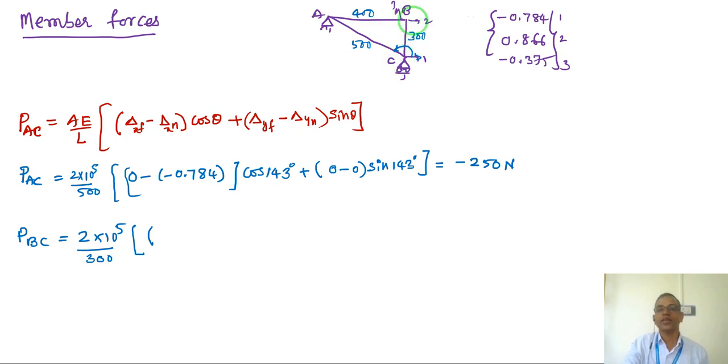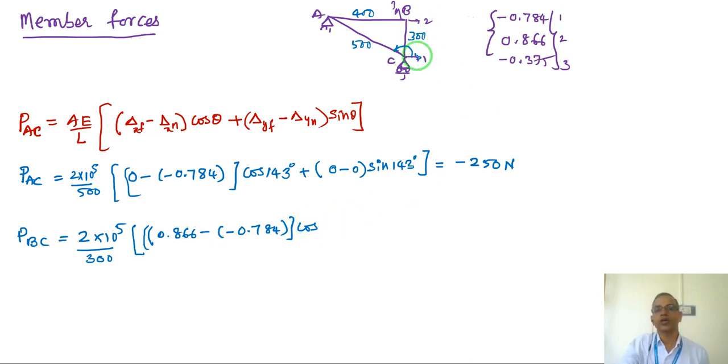Okay, x direction displacement of far end, which is 2.866, minus displacement near joint in x direction, which is minus 0.784, total multiplied by cos of the member angle.